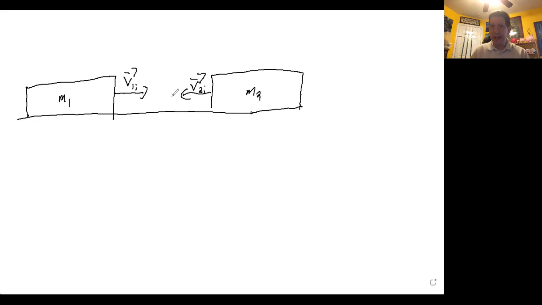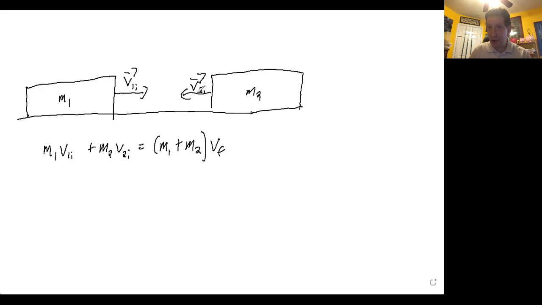Okay, so they're going to collide, and we're told they're going to collide perfectly inelastically, so they link together. So M1 V1I plus M2 V2I is equal to, from momentum conservation, M1 plus M2 times VF. The total momentum before the collision is equal to the total momentum after.